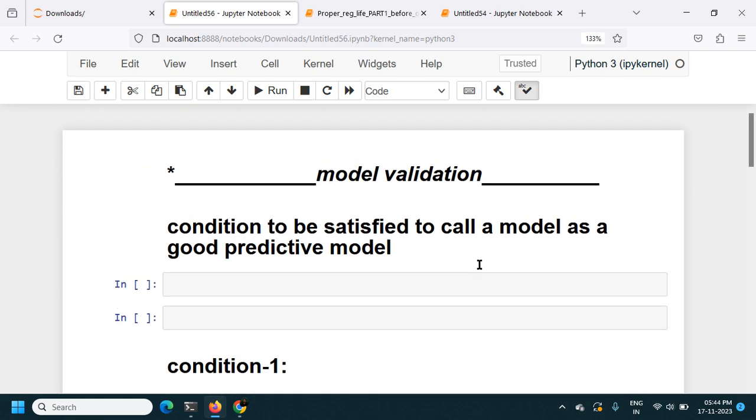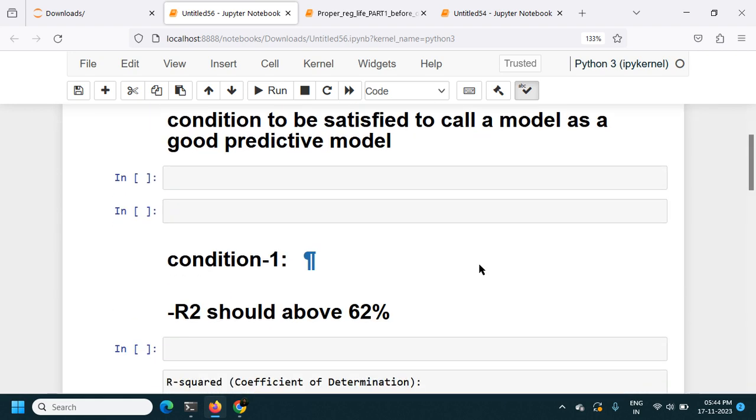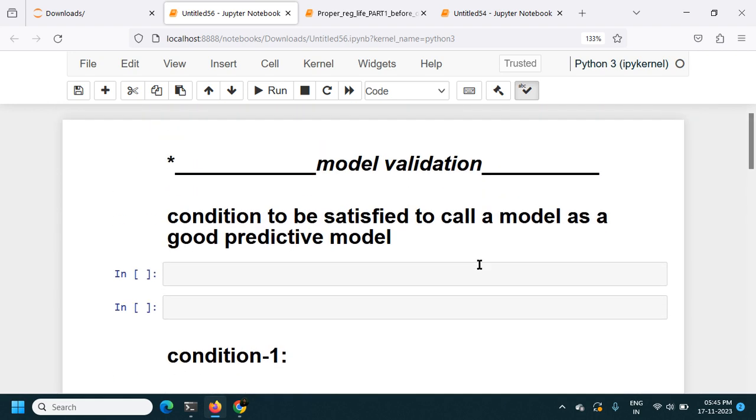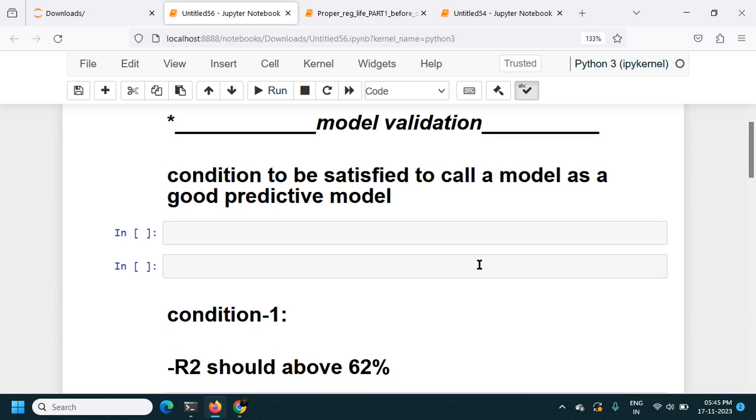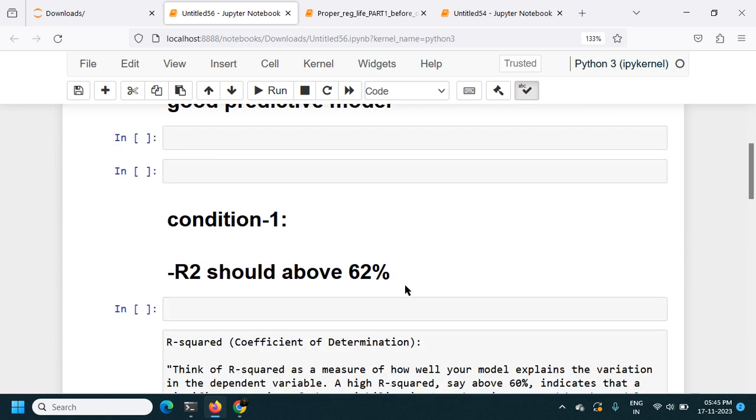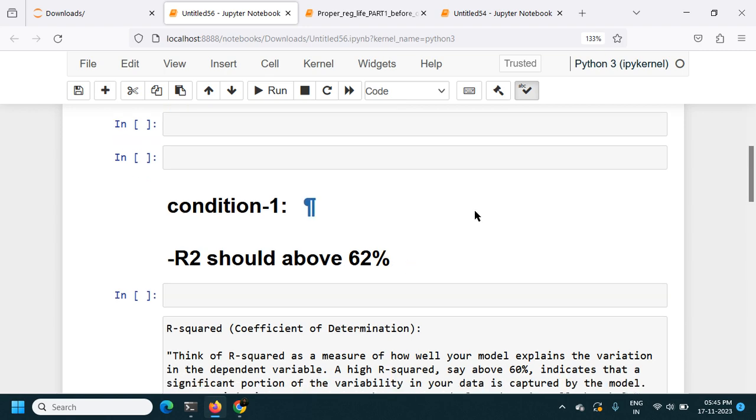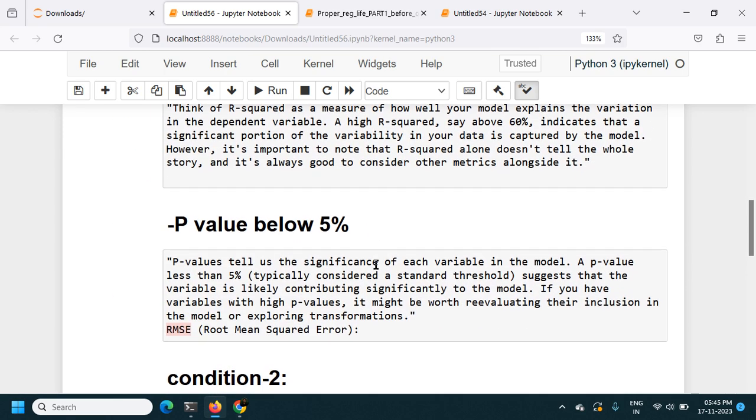So this is the basic overview of how we validate the model. After fitting the model, we first look at the R square, whether it is more than 62%; then the condition is met. Then we look at the p-values of all the x variables. If a p-value is greater than 5%, we remove that variable, fit the model again, get the summary, and check the p-values again. We have to remove variables with p-value more than 5% in an iterative manner.